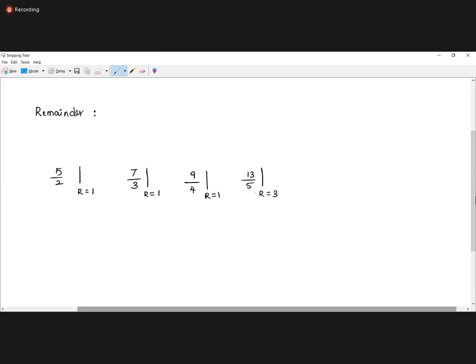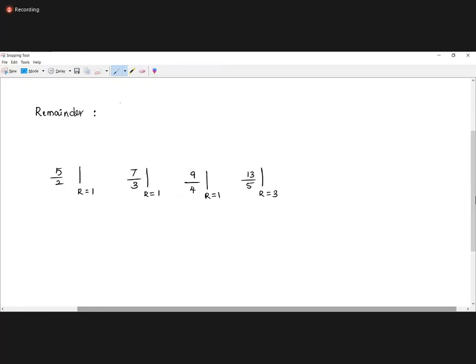Whatever the question, if you want to find the remainder, just divide and observe the leftover part. That indicates the remainder. I hope the point is clear. Remainder is nothing but something which is leftover after dividing.